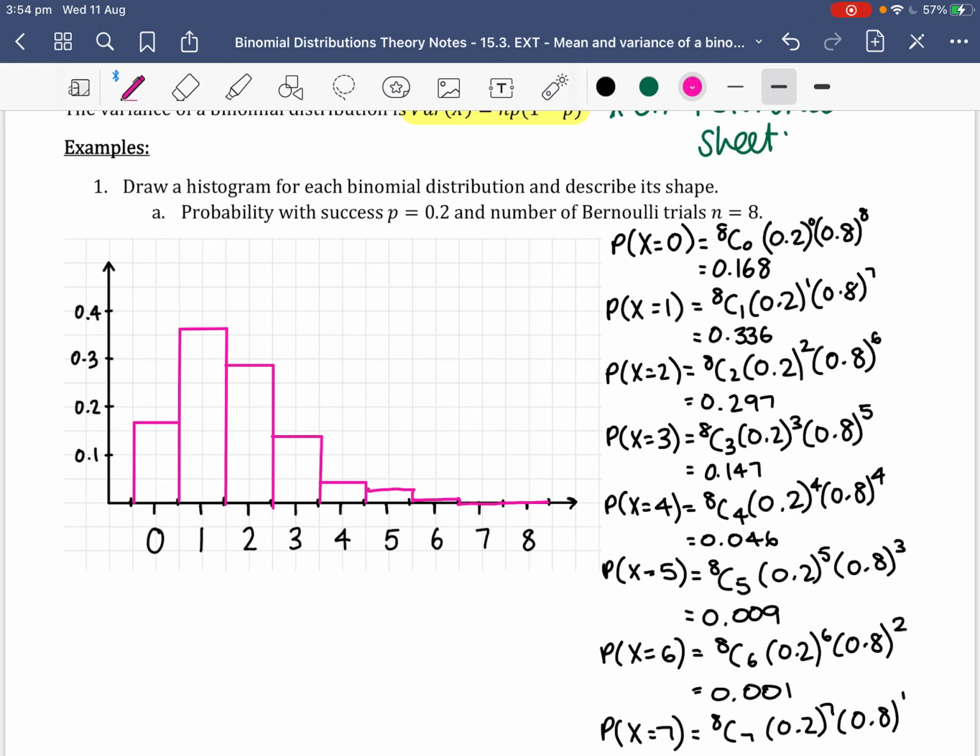And the probability of 7 and 8 were 0. So we now want to describe its shape. As p equals 0.2 is less than 0.5, we have that the distribution is positively skewed.